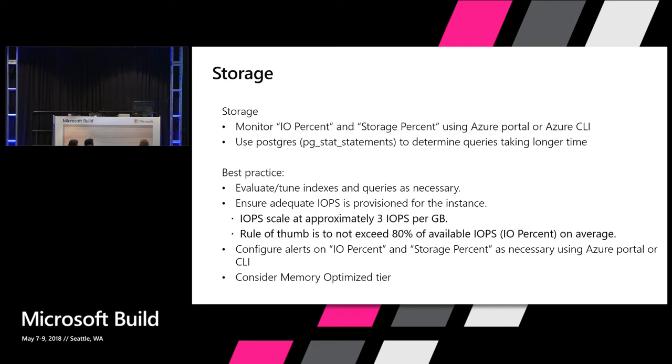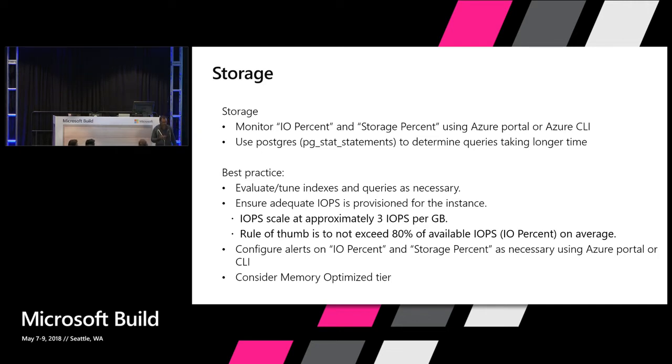And then also, if you're still not getting the type of latency you need, that's why we created another performance tier called memory optimized. Memory optimized increases the amount of memory per vCore. If I had to give you a ratio, today we have basic, general purpose, and memory optimized.